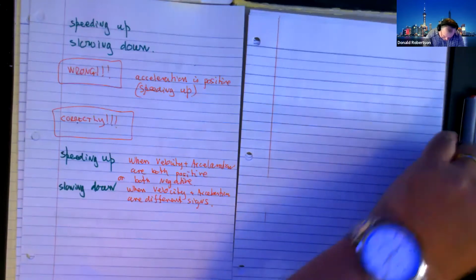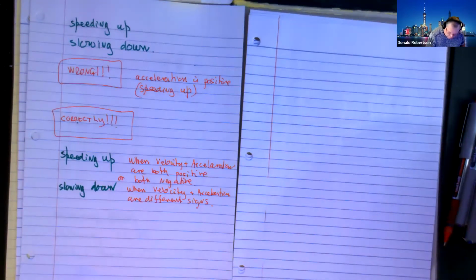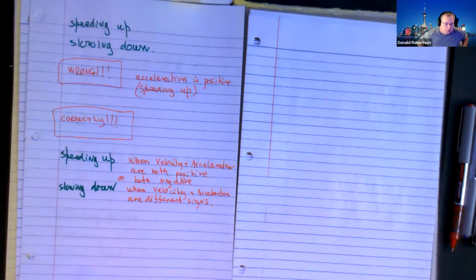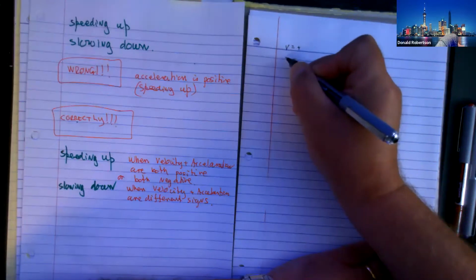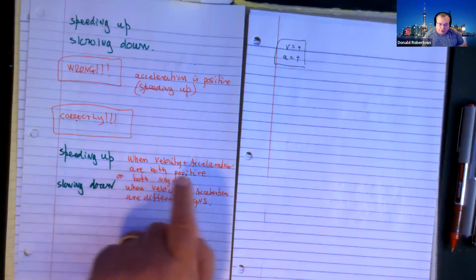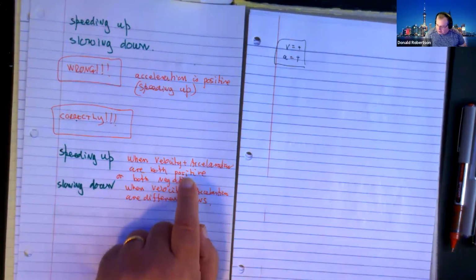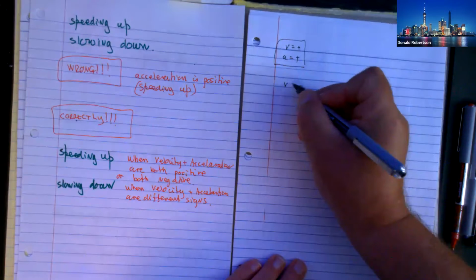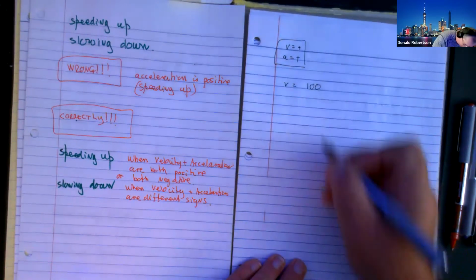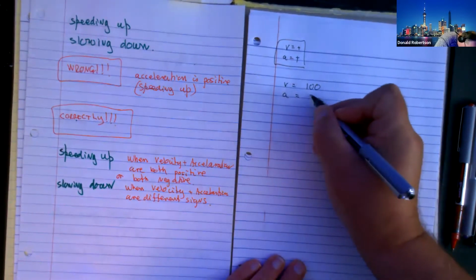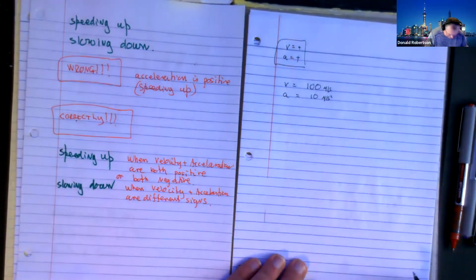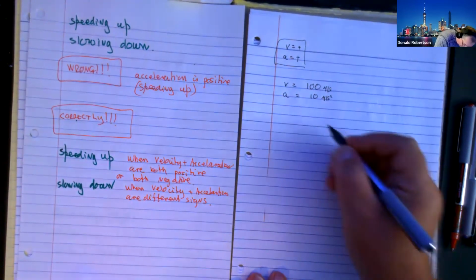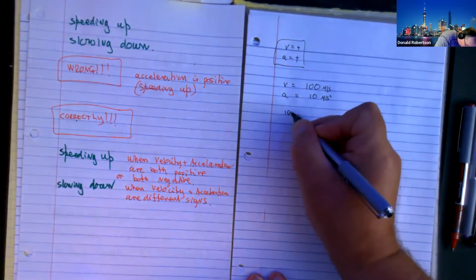So I'm going to give you some very simplistic movements and show you what speeding up looks like. So let's look at the velocity is positive and the acceleration is positive. According to this definition, shouldn't it be speeding up? Okay, so let's suppose I have an object and its speed is 100 meters per second and its acceleration is 10 meters per second squared. The units don't matter so much, but what's that object going to look like? Well, this is a snapshot of what's happening.